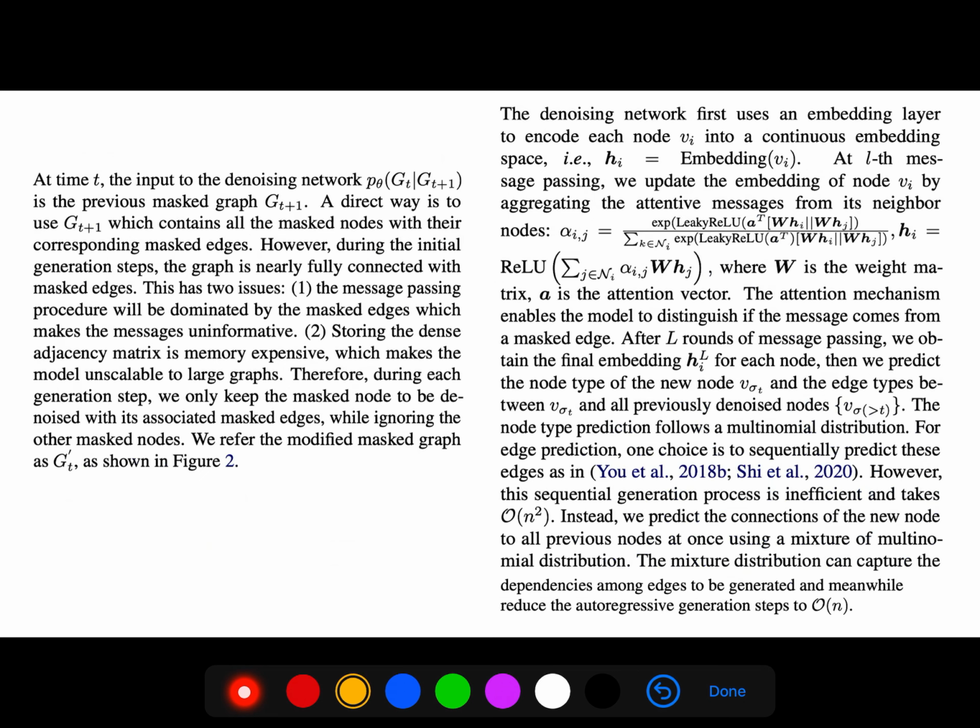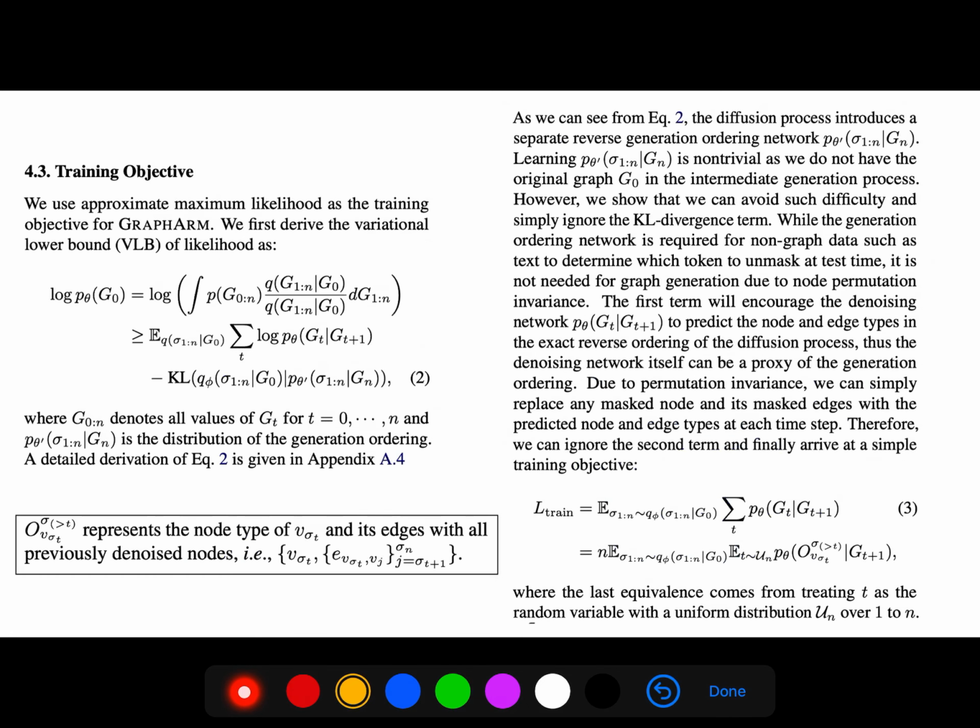The denoising network, if you use a graph attention network, you need to learn the coefficients. So the training is very simple. You just use the variational lower bound. This is the discrete version of the variational lower bound because it's discrete time.